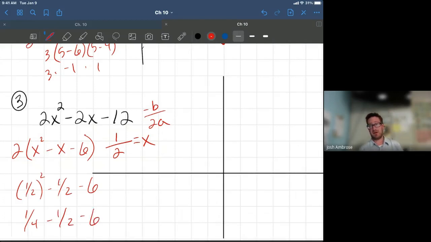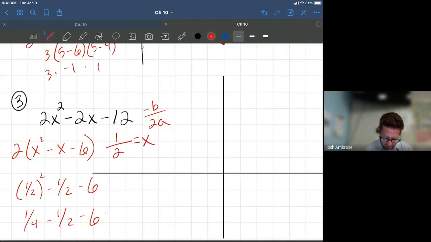None of these have common denominators, so now we have to get a common denominator. Let's make that common denominator 4, which means we convert the 1/2 and the 6 to fractions with 4 in the denominator.